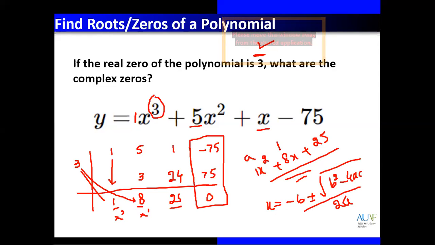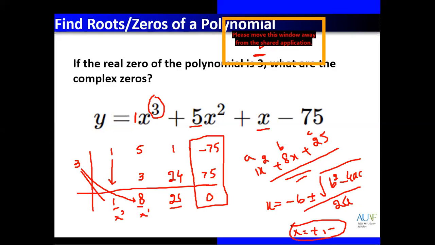What is b? B is 8. And what about c? C is 25. When you solve this one, you will receive two numbers. One is a plus number and the second one is a minus number. One was 3 and the other two numbers. Totally these are three roots, three zeros, three factors. Correct? Correct guys? I think now it's clear.